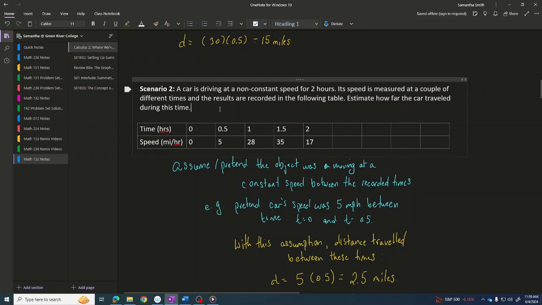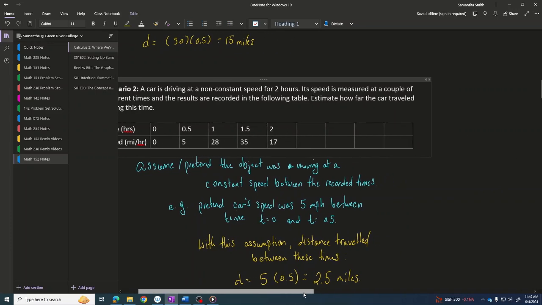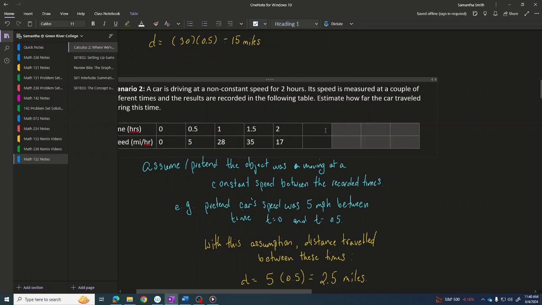For example, let's go back to episode 1 and recall this scenario involving this car that was driving at a non-constant speed, and it was driving for 2 hours. In other words, it was driving over the interval of time from 0 to 2. Let me record that as a note on the side. The time interval in this example was 0 to 2.